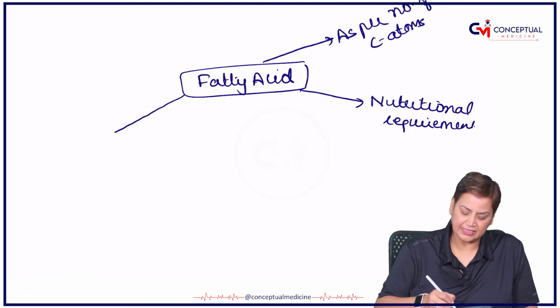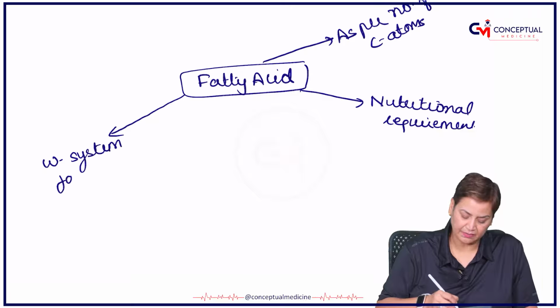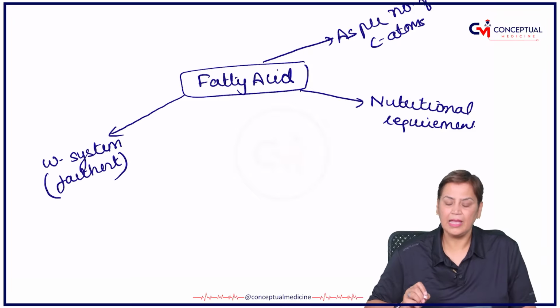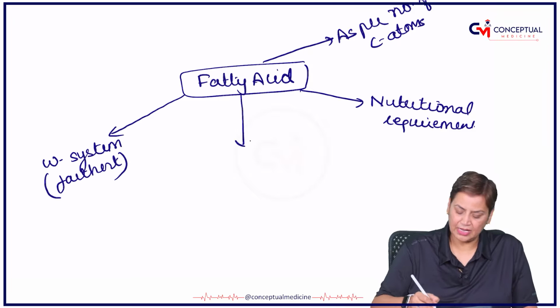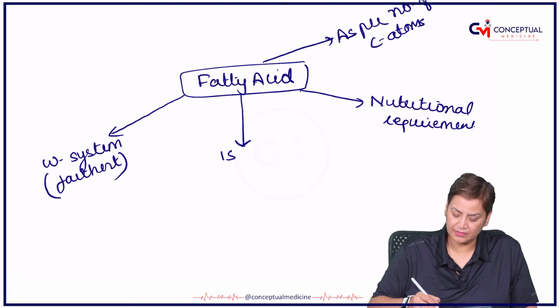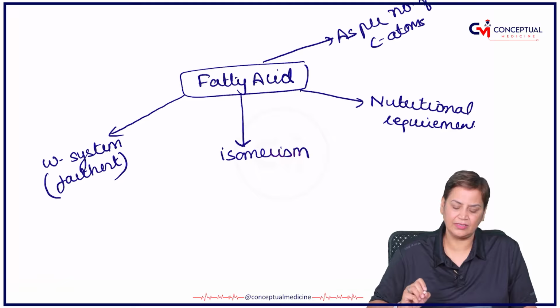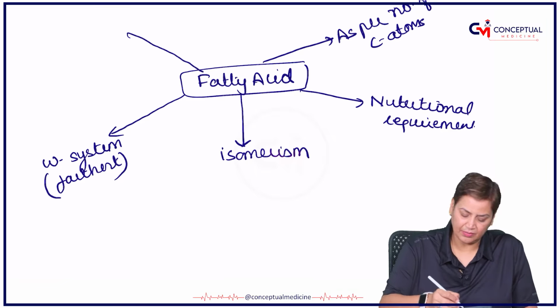They can also be classified as per the omega system, omega being the farthest carbon atom. And they can be classified as per isomerism, meaning cis and trans, and as per the double bonds.